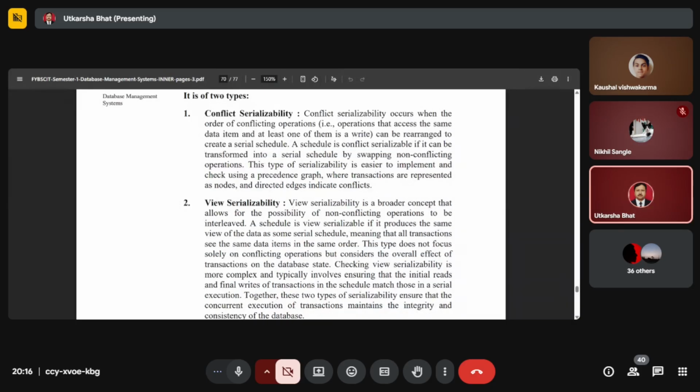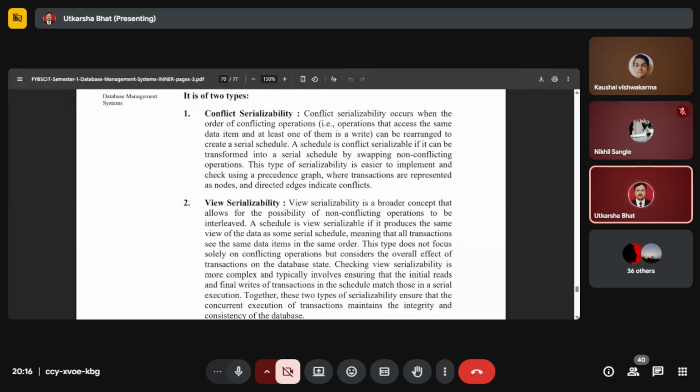View serializability is a broader concept that allows for the possibility of non-conflicting operations to be interleaved. A schedule is view serializable if it produces the same view of the data as some serial schedule, meaning that all transactions see the same data items in the same order.